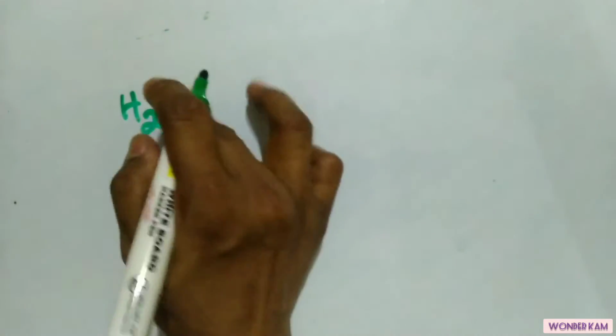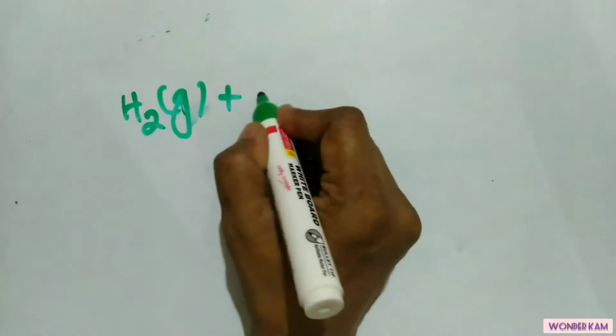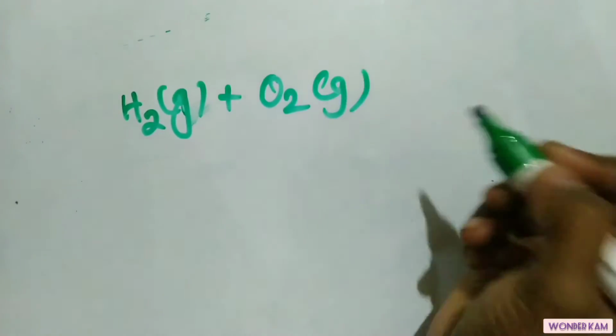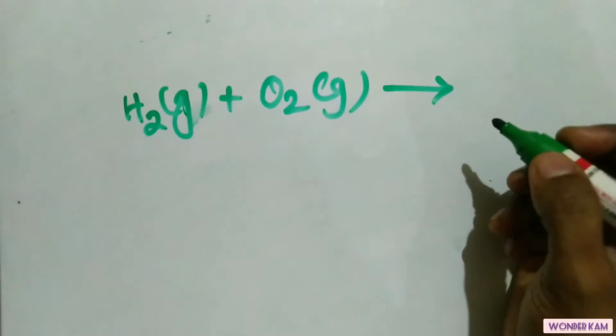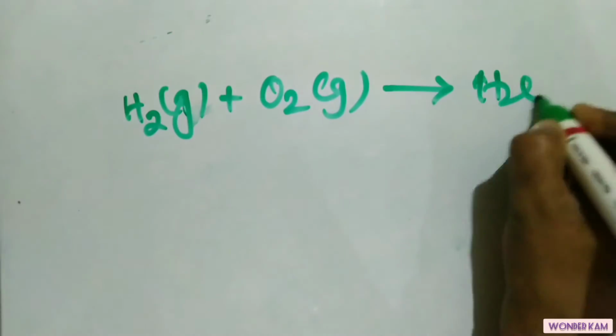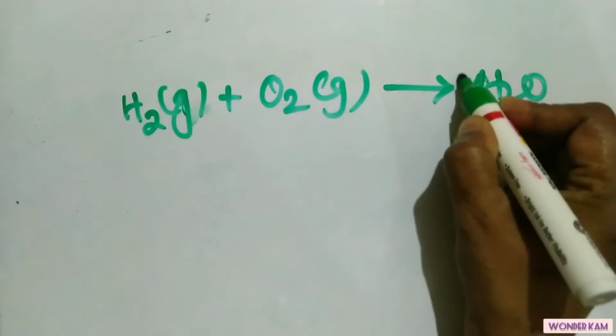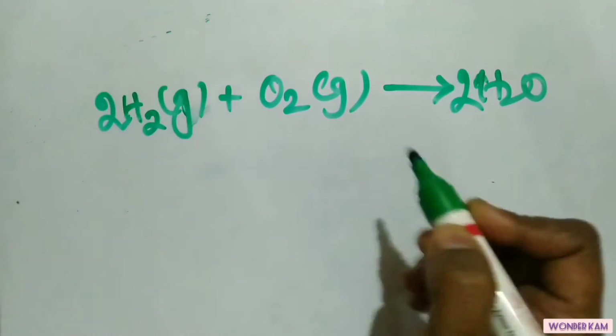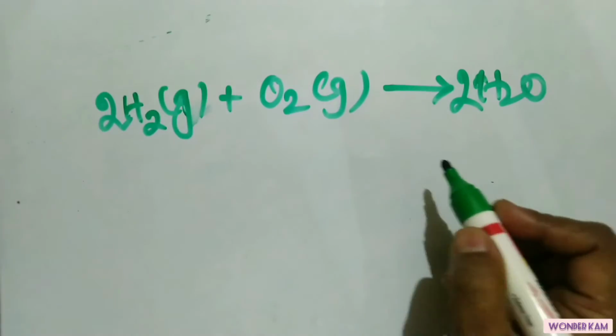Let's discuss a very simple chemical equation where Gay-Lussac's law can be explained in a simplified way. We have to balance this. So this is the balanced chemical equation.